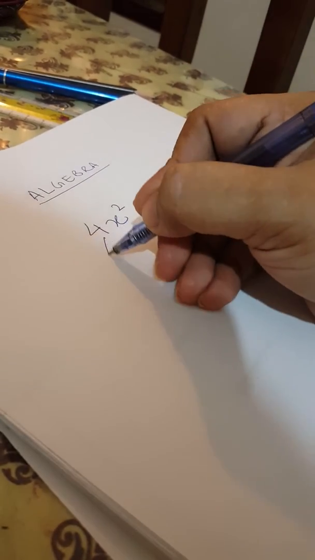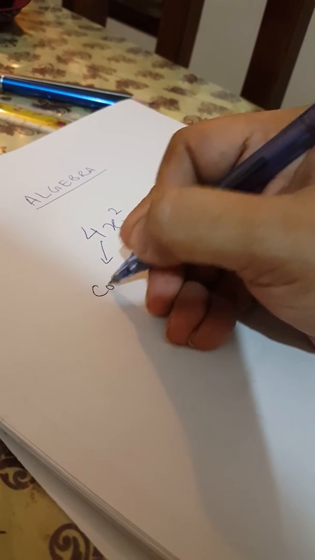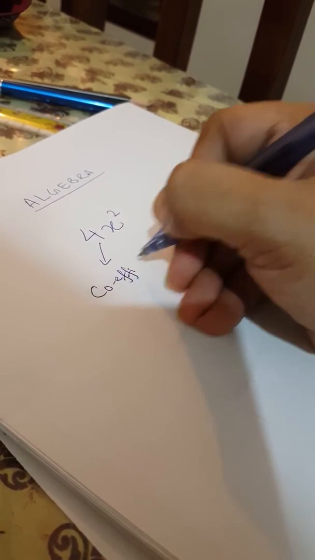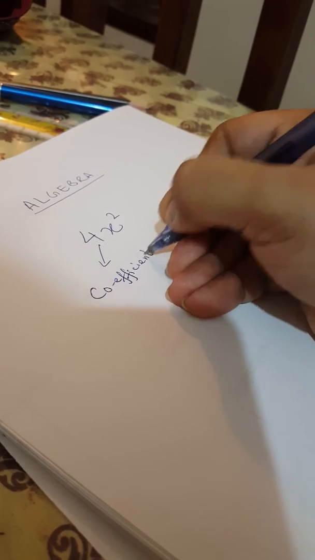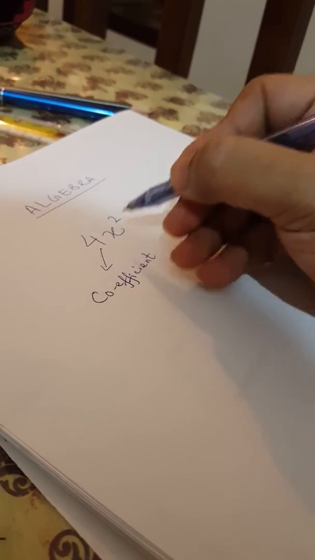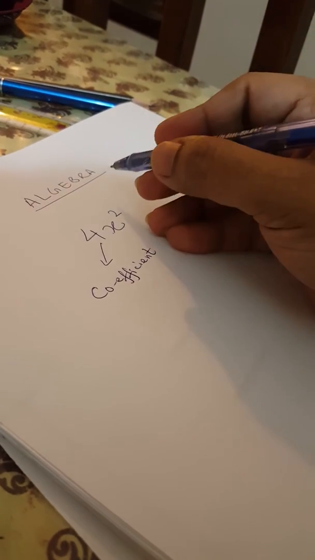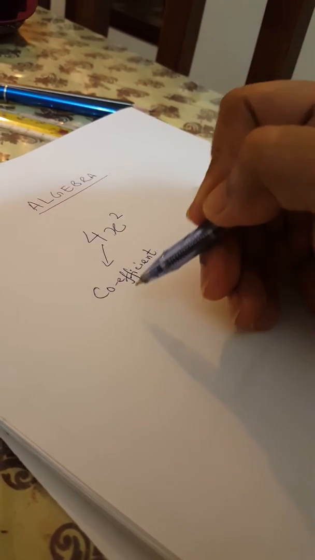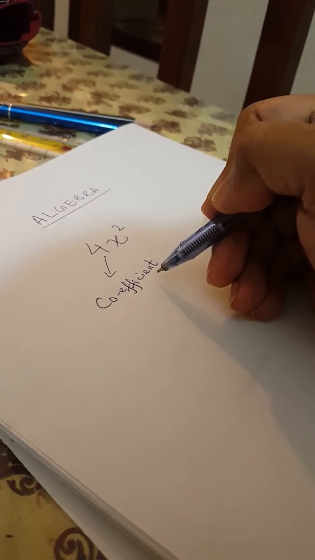Now, this 4 is called a coefficient in algebra. Whenever you have a number written with an alphabet in algebra, this number is referred to as a coefficient.